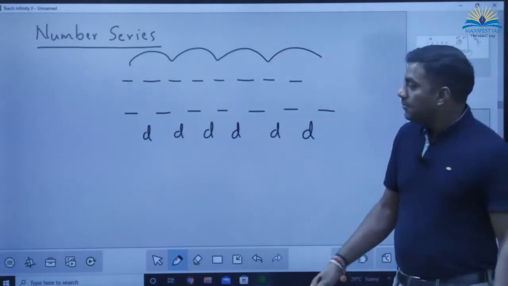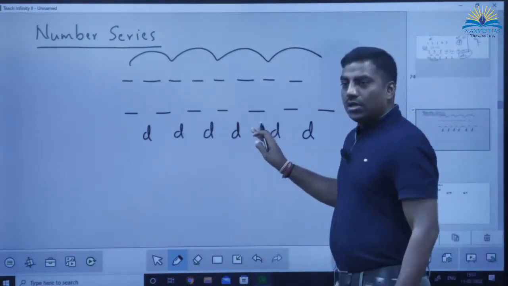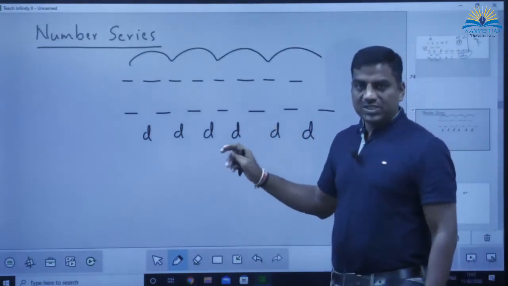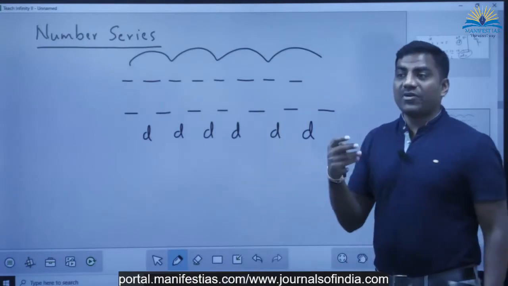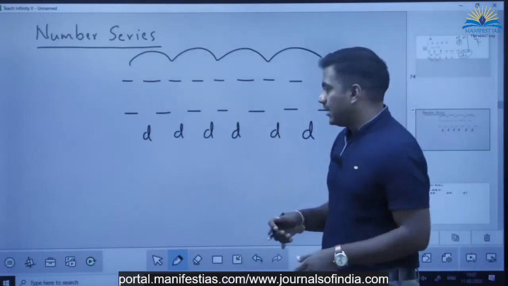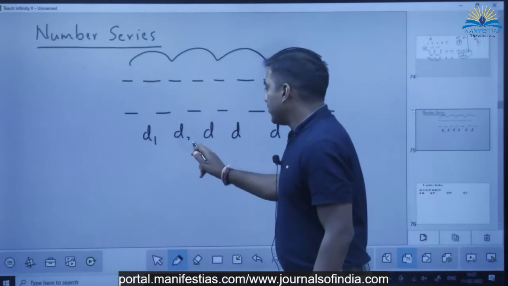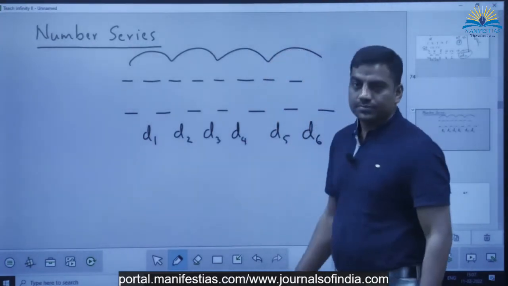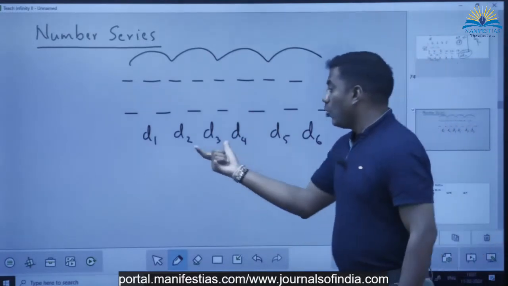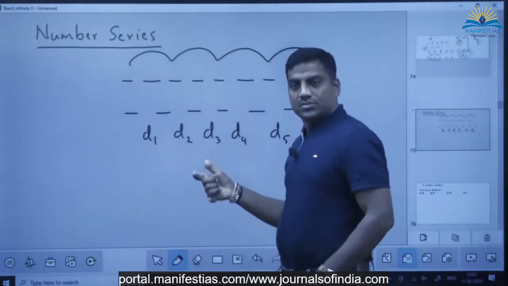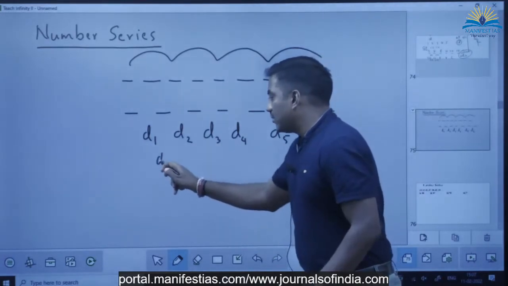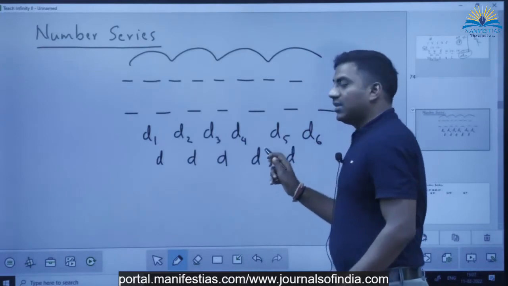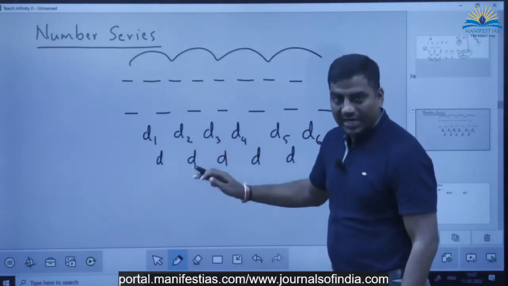But here, you didn't get any pattern though you have got the differences. Let's say this is difference 1, this is difference 2, 3, 4, 5, 6. Again, go for the difference of these differences. There are chances that you will get the same difference here. Even then, if you don't get it, go for the next step.